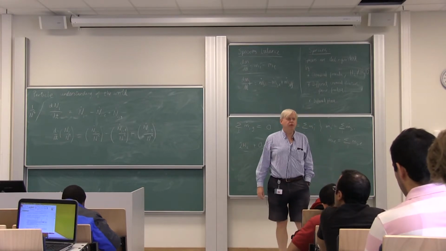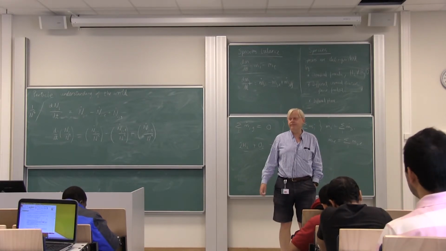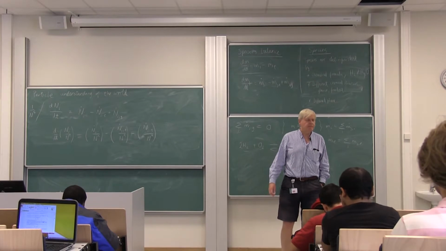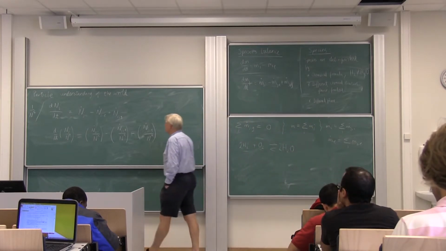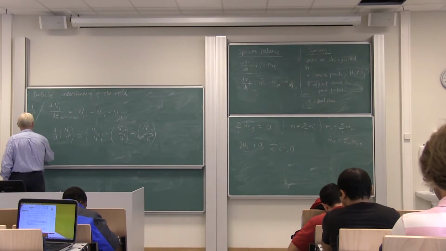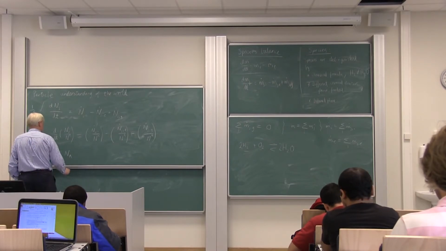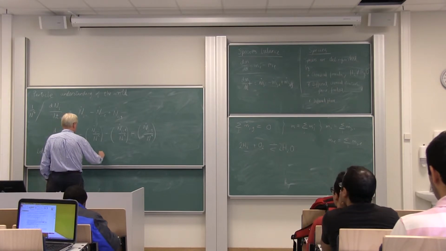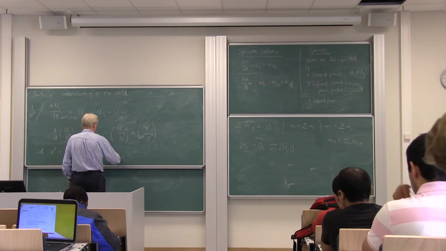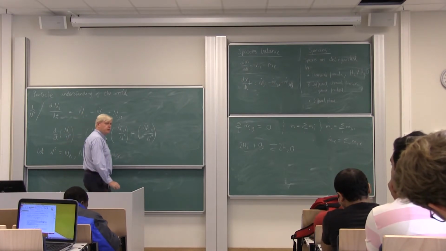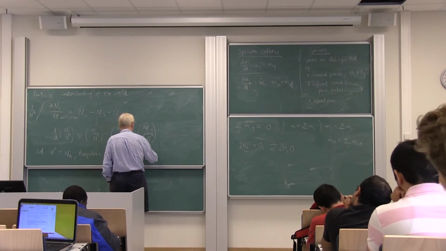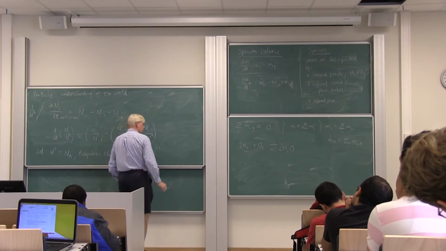So what could be a good number to scale with? Avogadro's number, for example, which is something like 6.02 times 10 to the 23rd, which is a huge number.